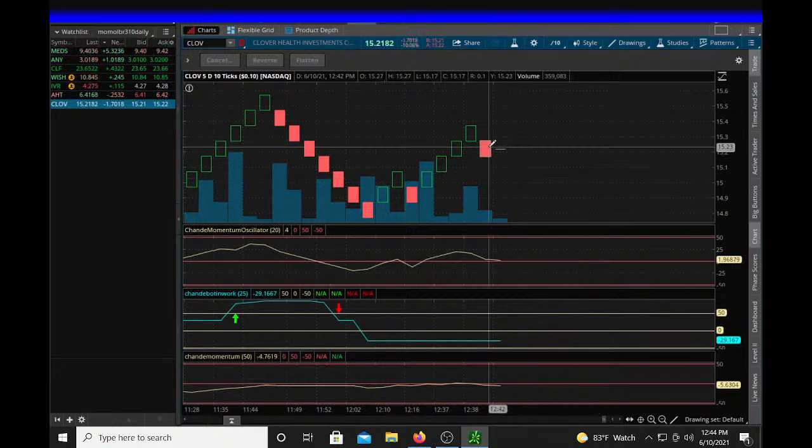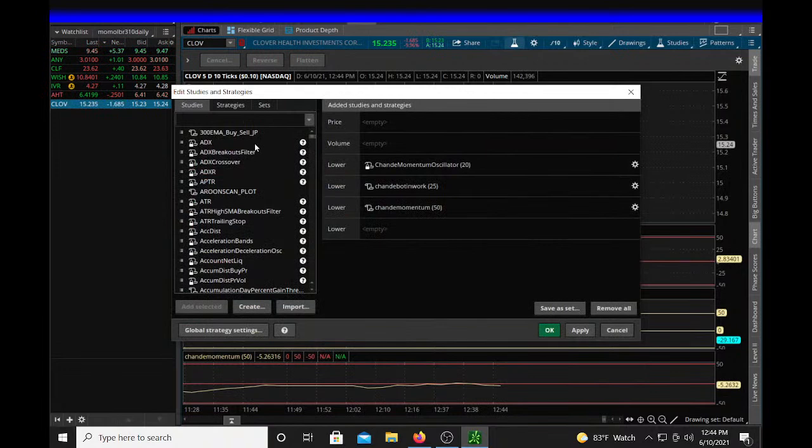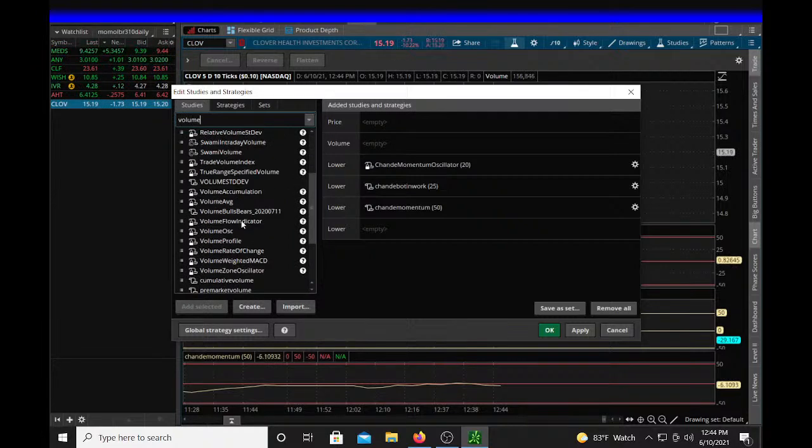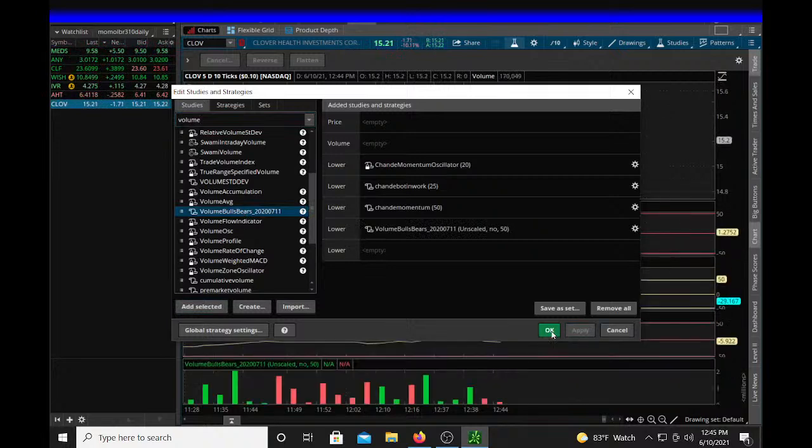As it moves above and below, we can see what bulls or bears have the power there. Of course, we can also pull up a custom study. Let's see, volume, bulls and bears, apply.